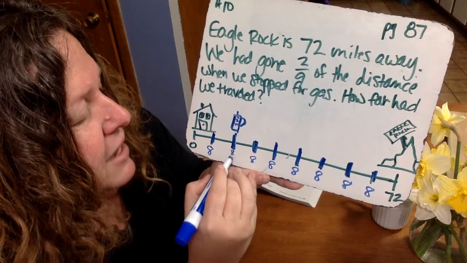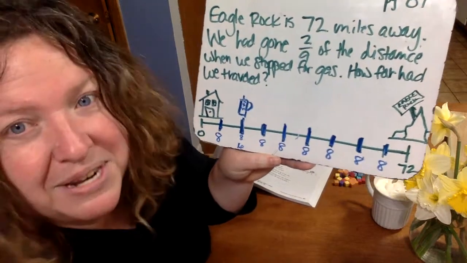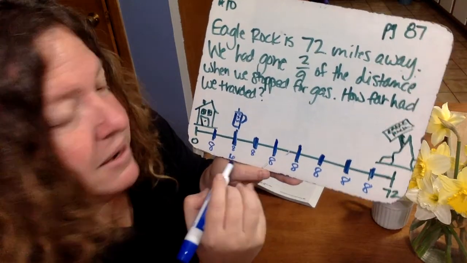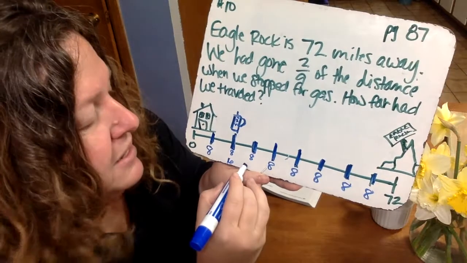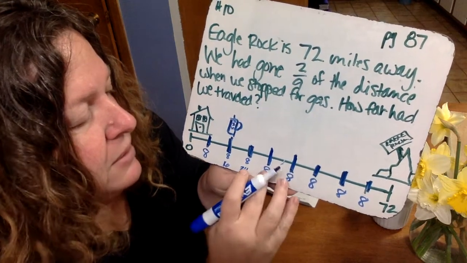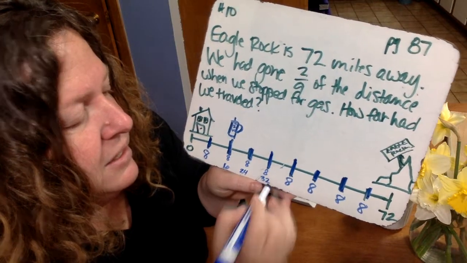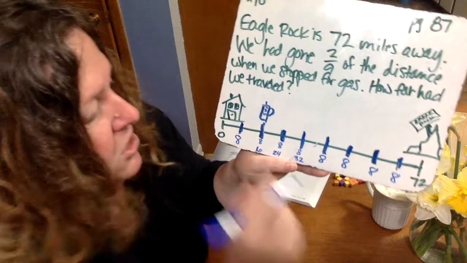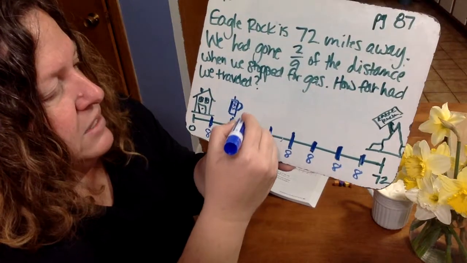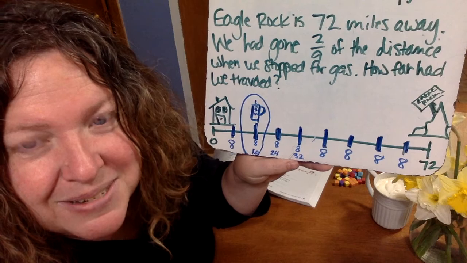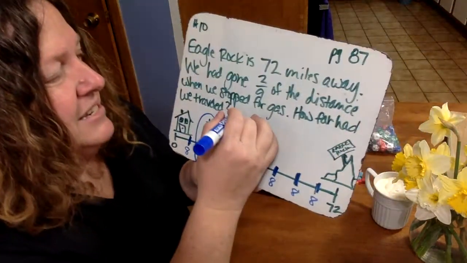So that's another 8, but you could also total it as 16. The third one is another 8 miles, but you could total it at 24. You could do another 8 and total it at 32, and you could keep going. So how many miles had we gone when we'd gone 2 ninths? We'd gone 16 miles.